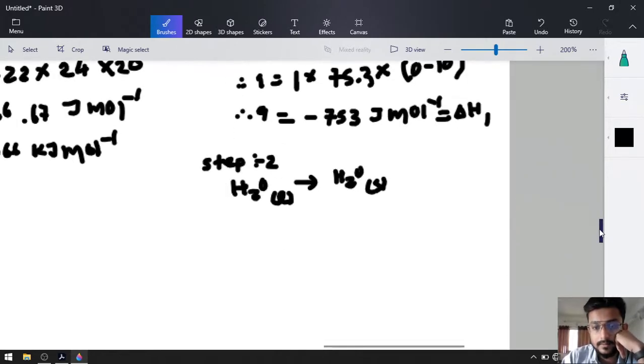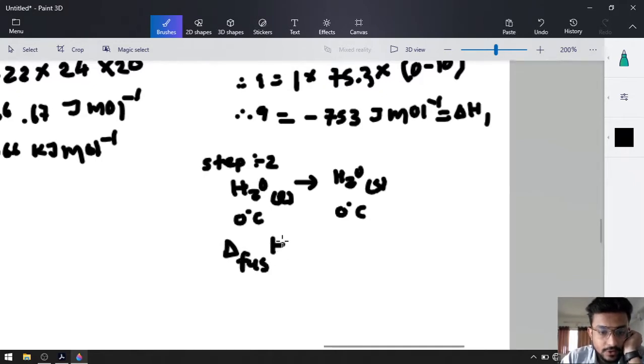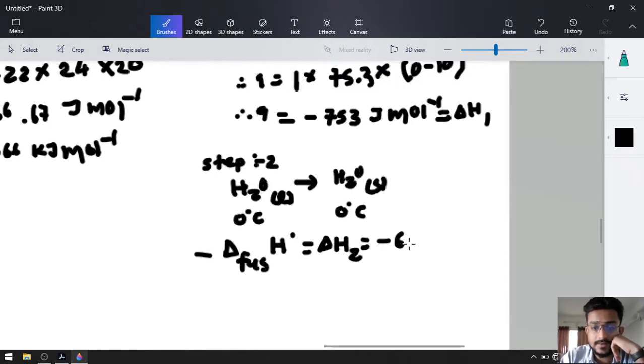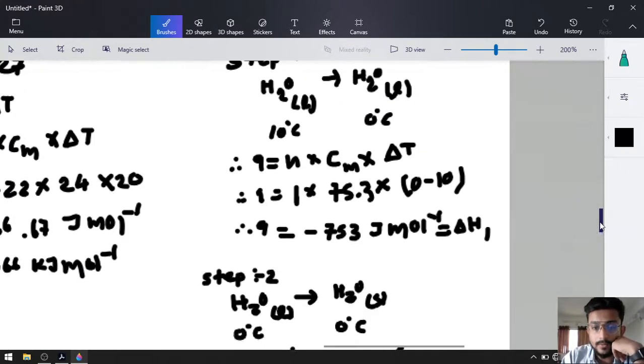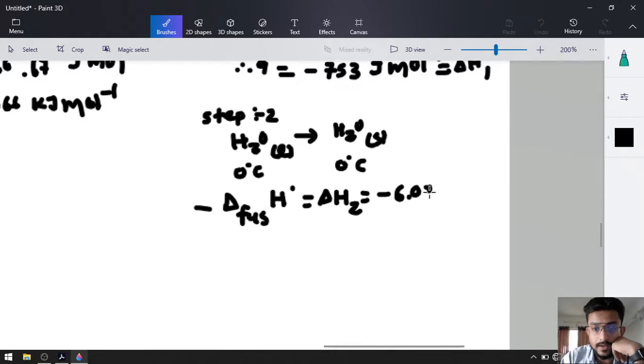For that 0 degrees Celsius to 0 degrees Celsius, delta fus H naught will be negative, that's why answer will be equal to our delta H2 and will be equal to minus 6.03 kilojoule per mole, minus 6.03 kilojoule mole inverse. And after that our step number 3.